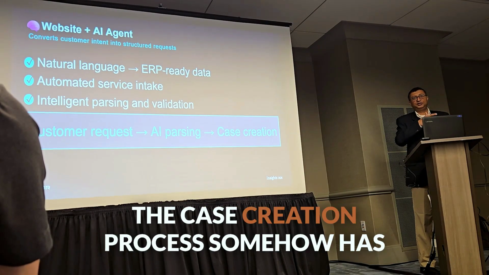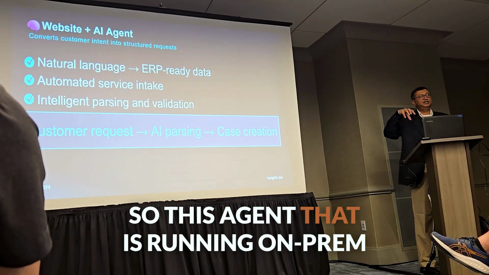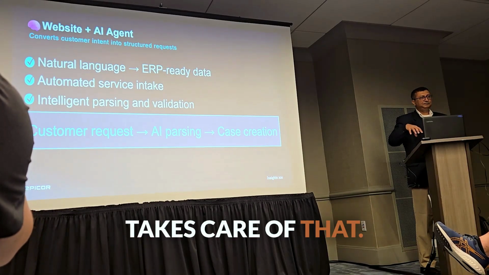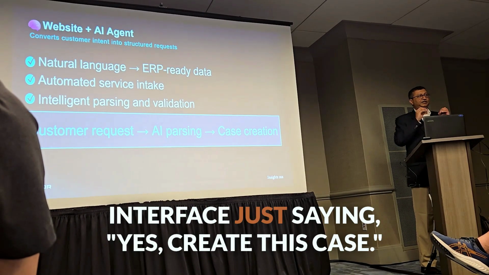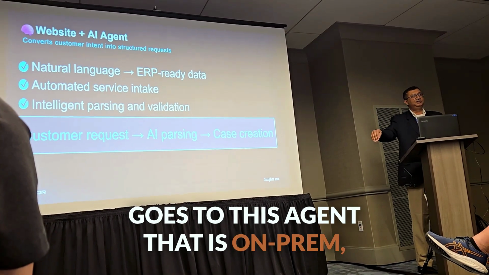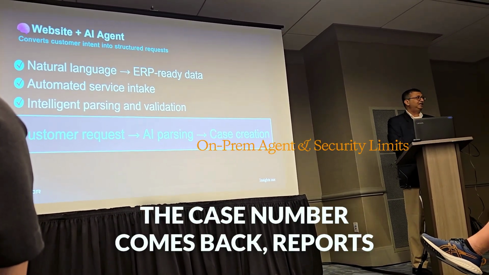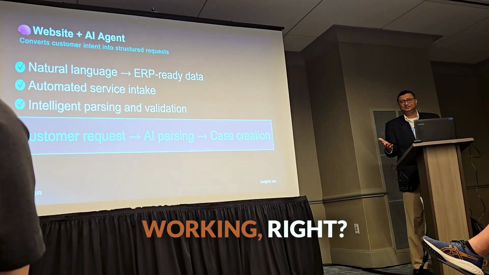The case creation process somehow has to end up locally, right? So this agent that is running on-prem takes care of that. So this is an LLM call from the chat interface just saying, here, create this case. It goes to the agent on-prem, creates the case, gives me a case number. The case number comes back and reports to the customer. So this is how this actually works.